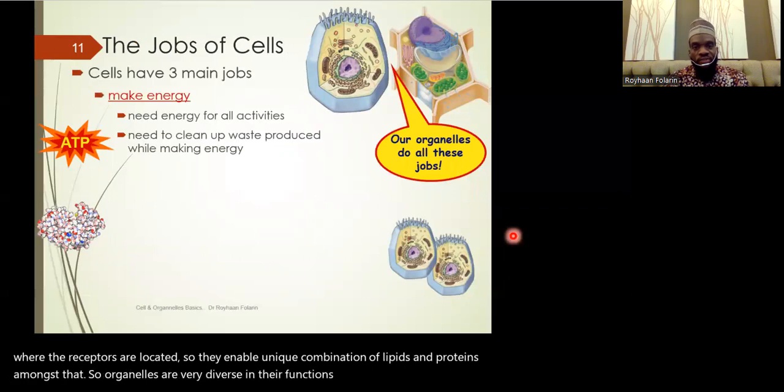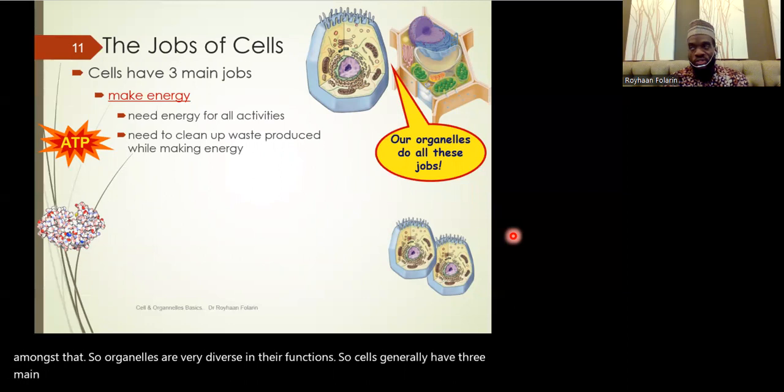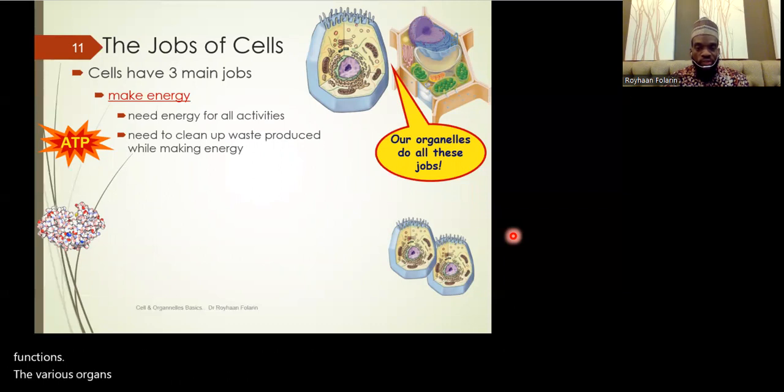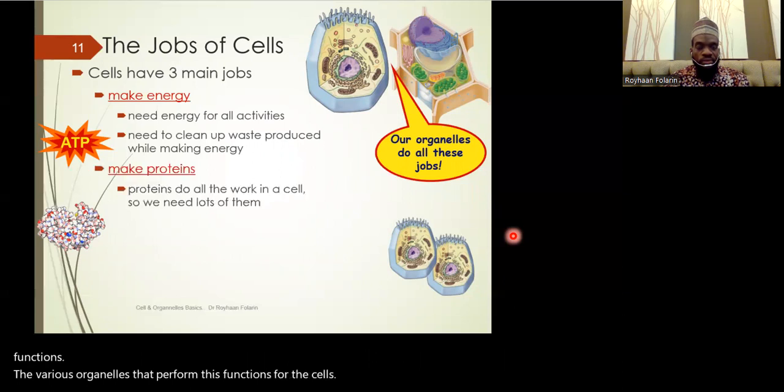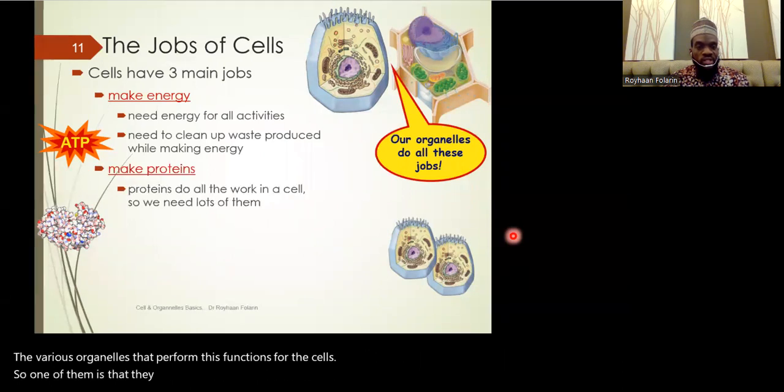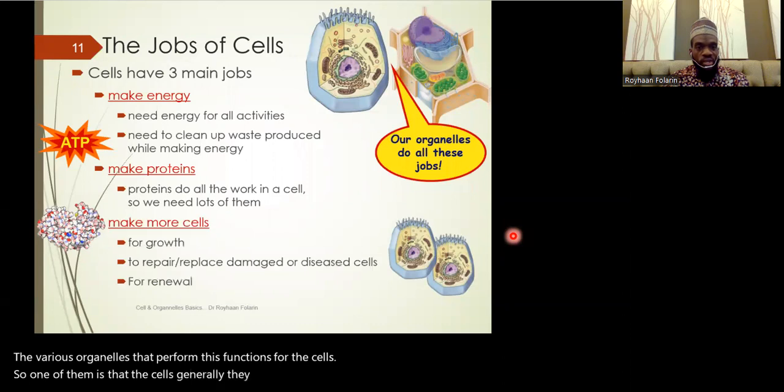So cells generally have three main functions, and there are various organelles that perform these functions for the cells. Cells make energy, cells make proteins, and cells make more cells.